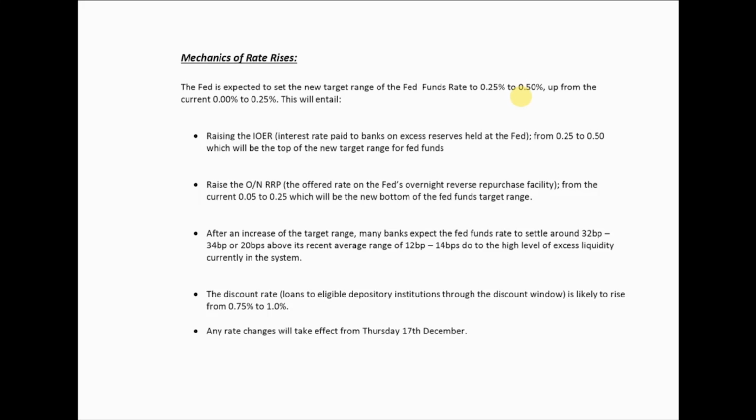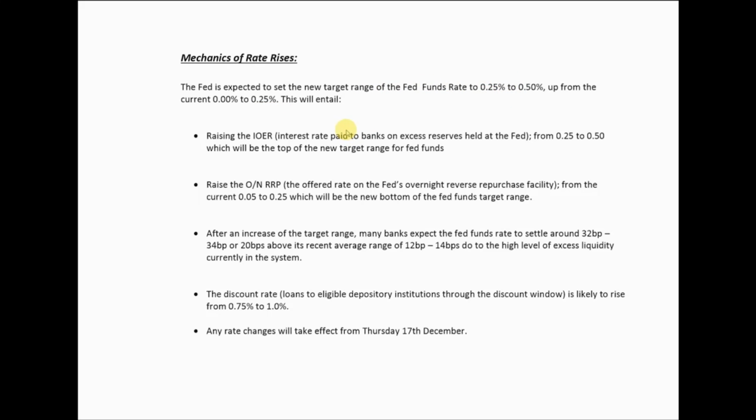So it's really important that you know what the target rate is, what the Fed is actually referring to. We've been talking about the Fed funds rate for the last months, years, and that's generally the main tool that the Fed use, and that is what is expected to be hiked 25 basis points, the band to be 25 basis points higher, from 0 to 0.25% to 0.25% to 0.5%.